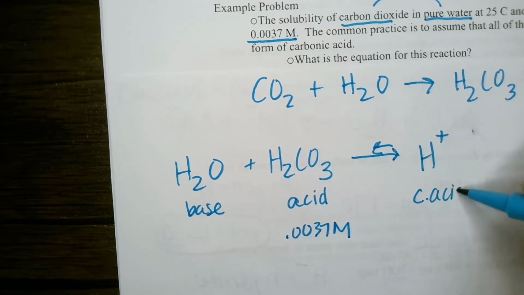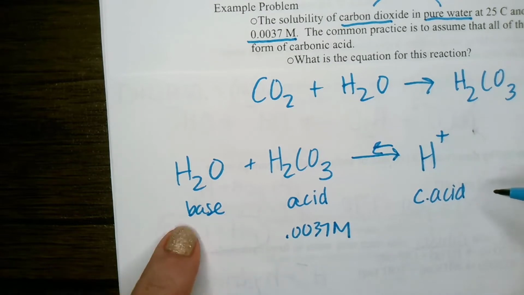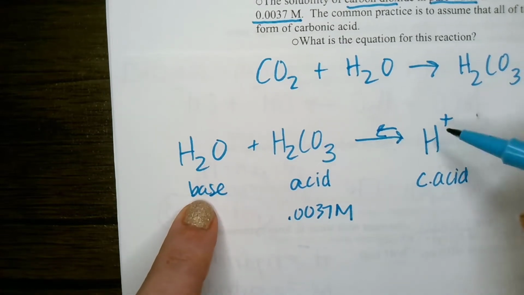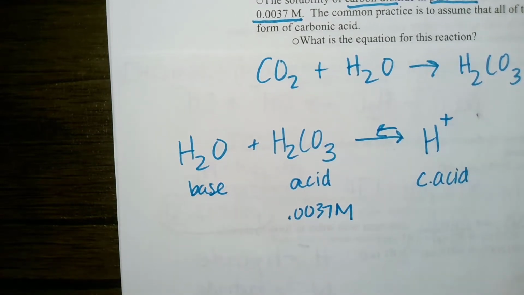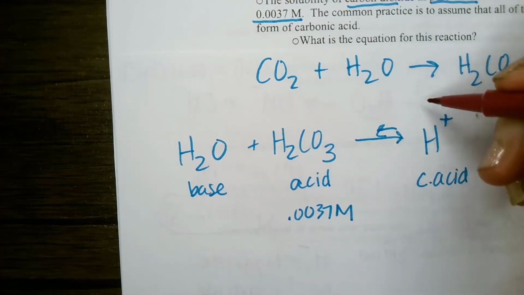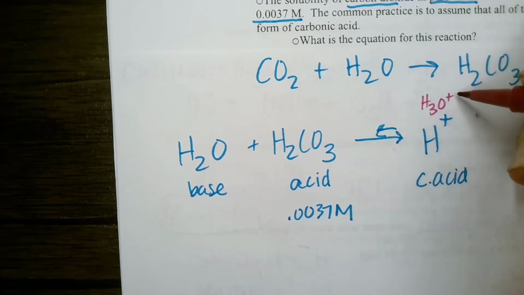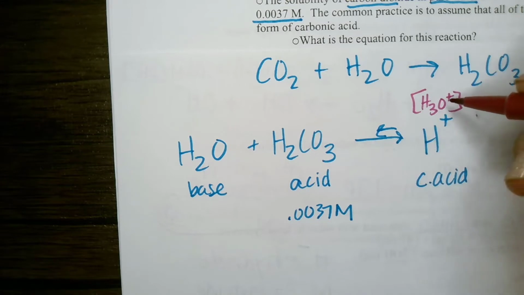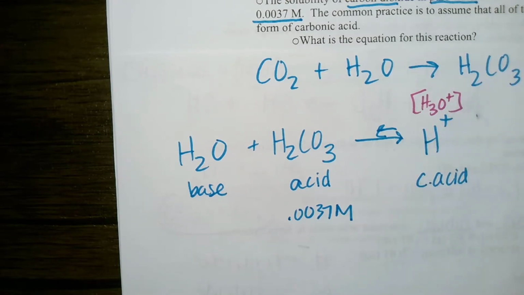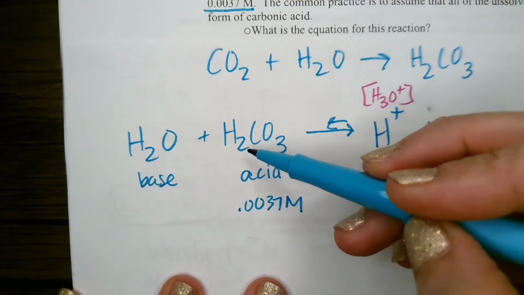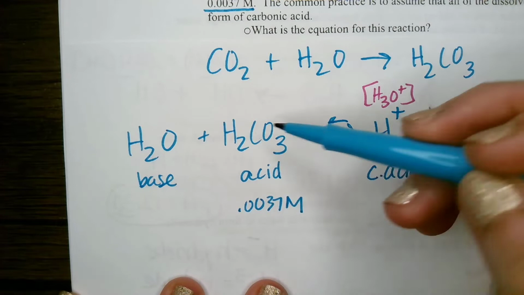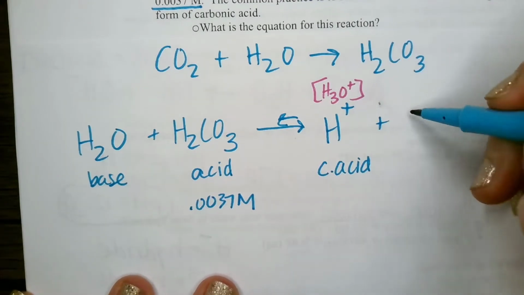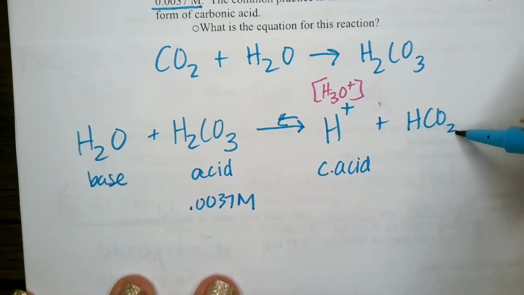And we know that because it's in water, this is actually our H3O plus concentration. But we know that H3O plus and H plus are used interchangeably. So we have our H plus, and if we took our acid and removed 1 proton from that, we're left with HCO3 minus, which is our conjugate base.